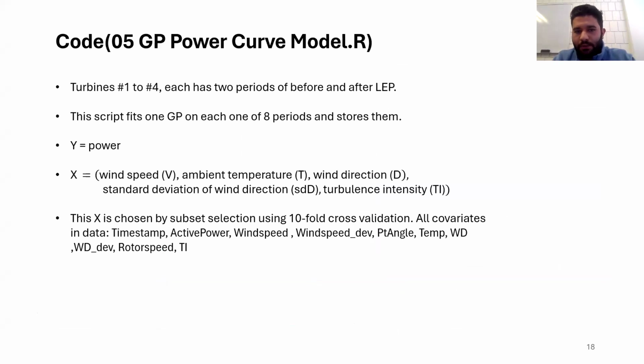So it was wind speed, ambient temperature, direction, standard deviation of wind direction, and turbulence intensity. Okay, yep. Clearly, I just missed it. Thank you. But in case you want to try another subset, I believe the data set has some other features like rotor speed, like pitch angle.